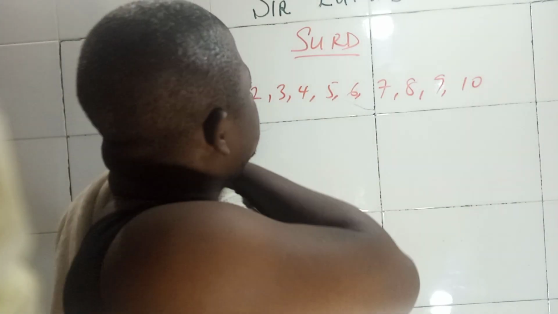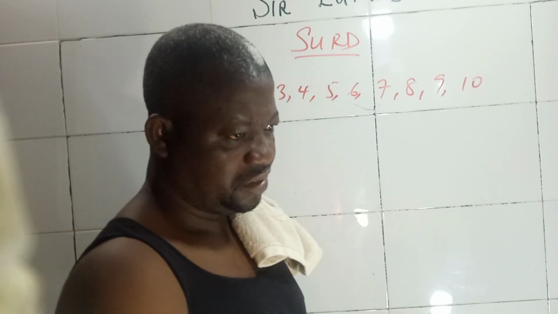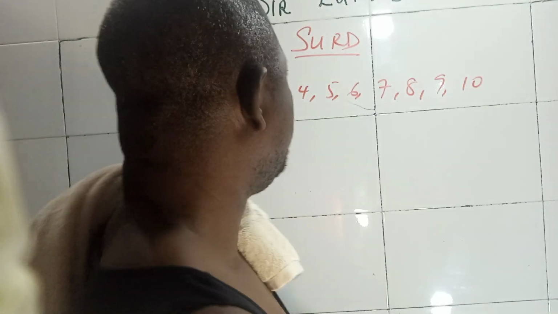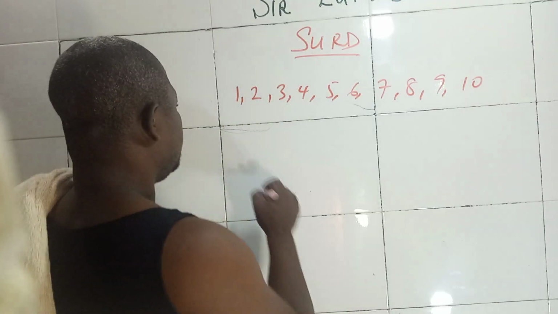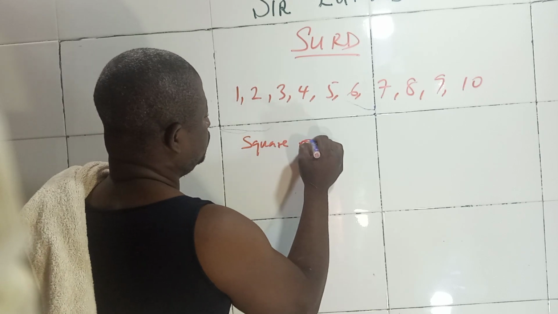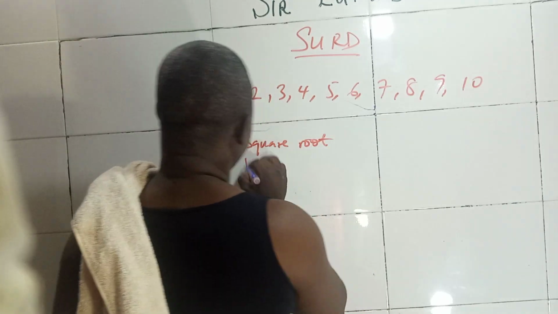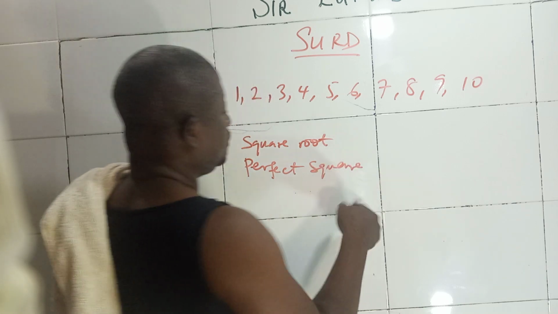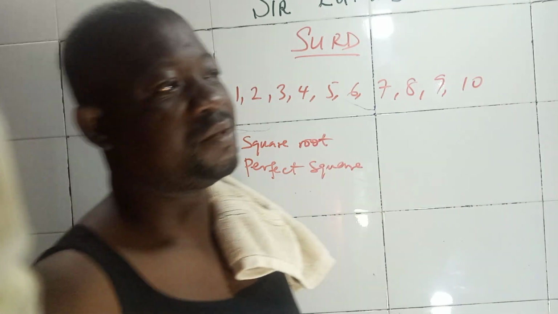In primary or elementary school, we were taught things like square root, perfect square. All these things are just grammar. Understand the principle, like I always said.